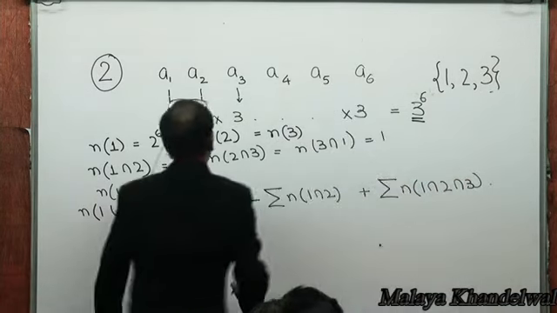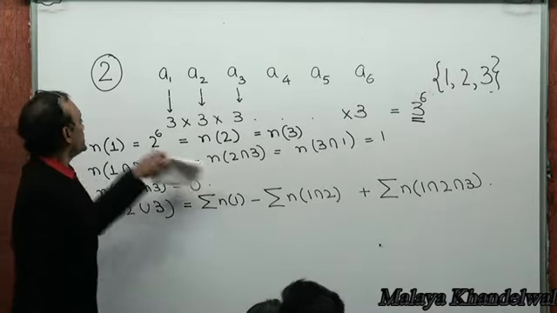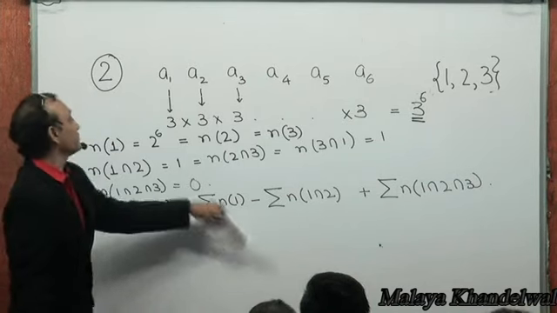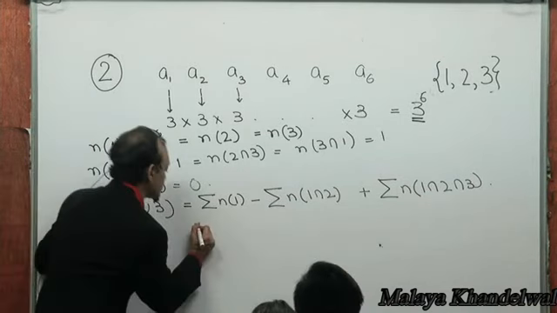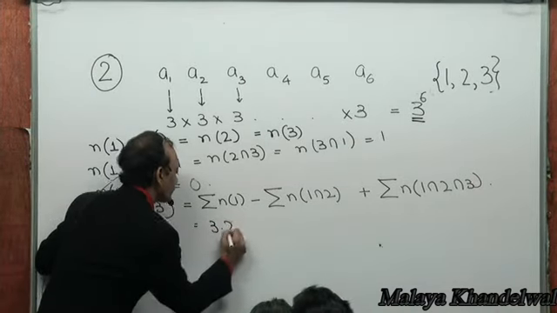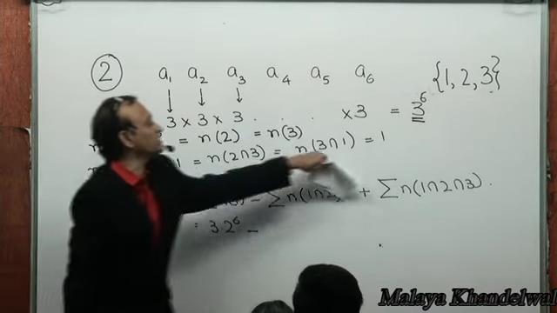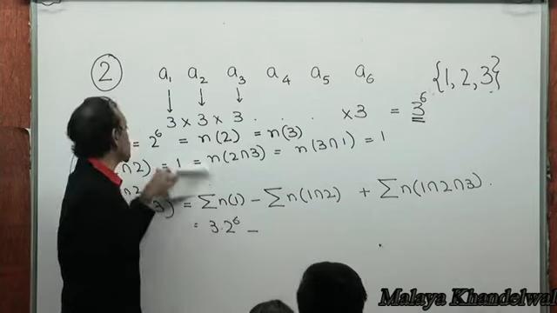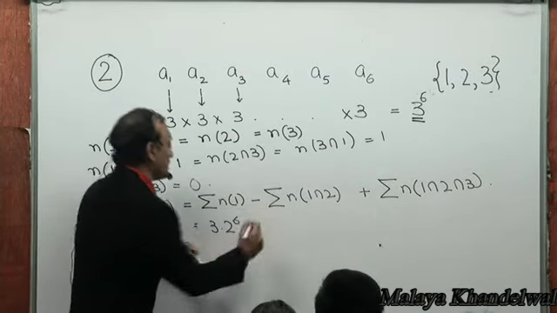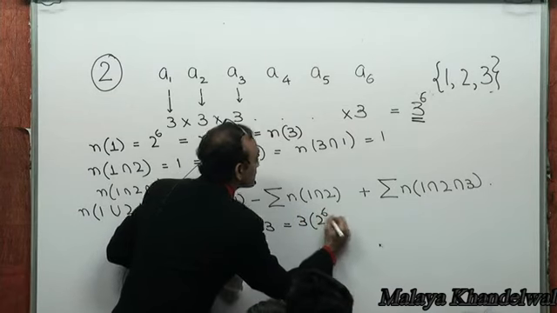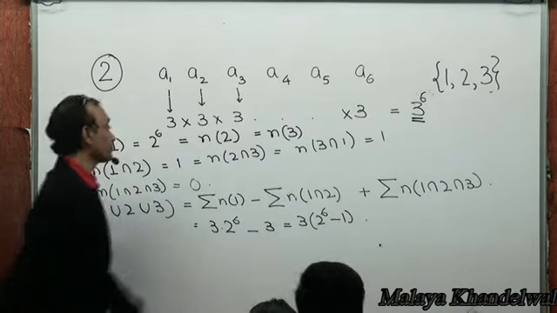Yes or no? So each n1 is 2 to the power 6, so n1 plus n2 plus n3 is 3 into 2 to the power 6. Each of the pairs, 1 and 2, 2 and 3, 3 and 1, is 1, so that makes it 3. So that makes it 3 into 2 to the power 6 minus 3.